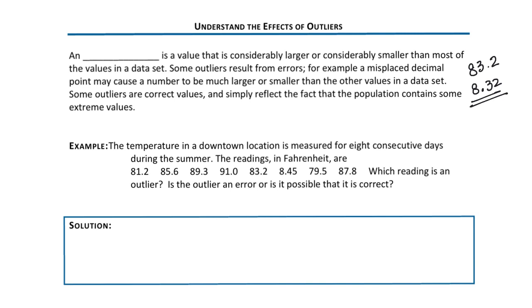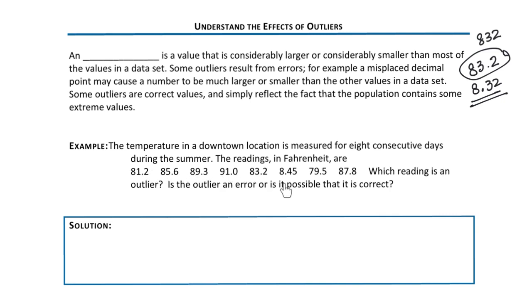Or instead of 8.32, if you miss the decimal, it will be 832. That is a too big number compared to the actual value. So, when it is certain that an outlier resulted from an error, the value should be corrected or deleted. Do not delete an outlier unless it is certain that this is an error. Deleting an outlier that is not an error will produce misleading results.